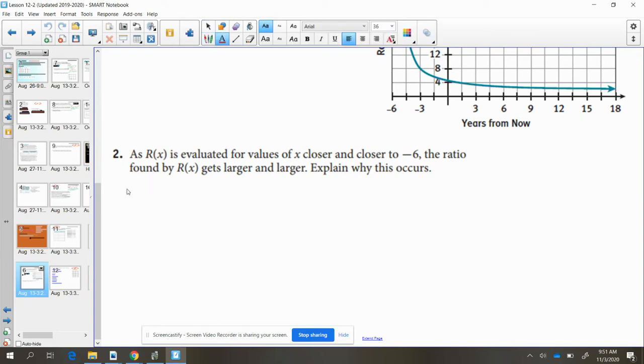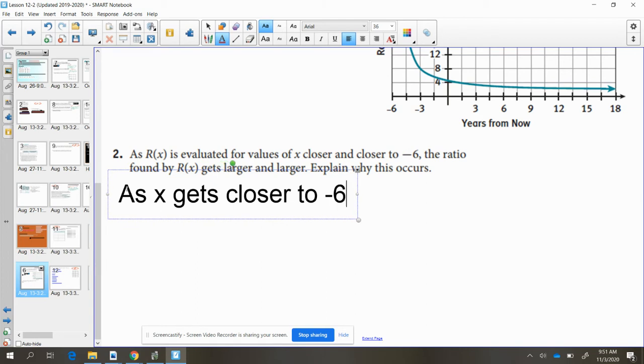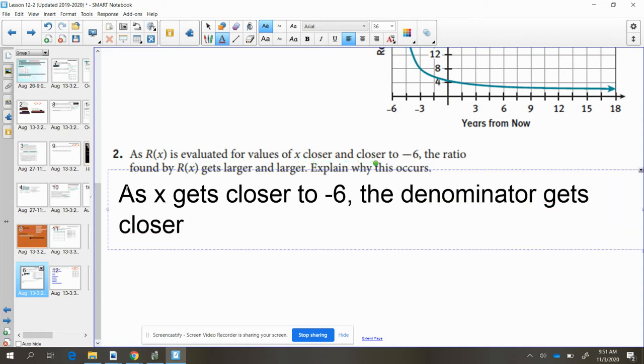Well, what's happening is as x gets closer to -6, the denominator gets closer to 0. Right?